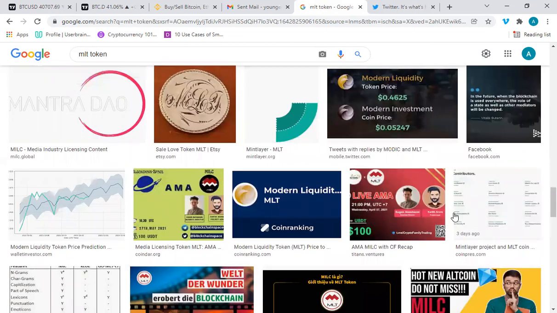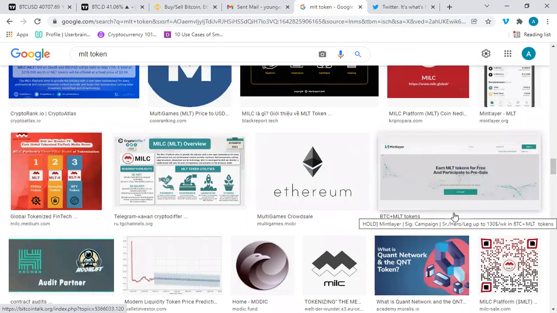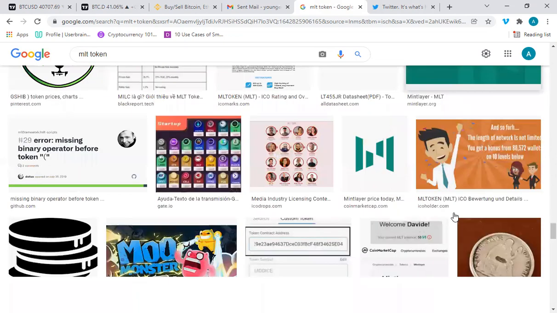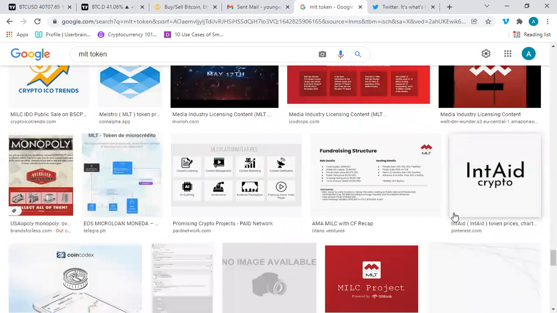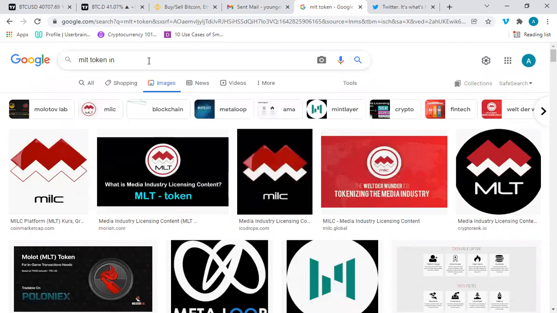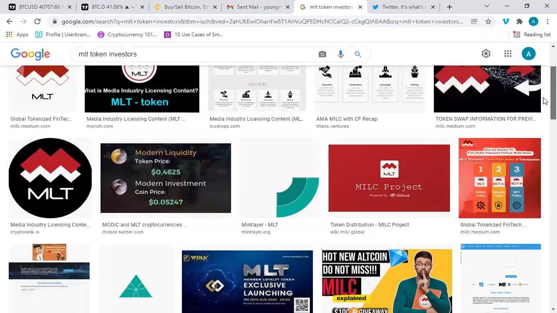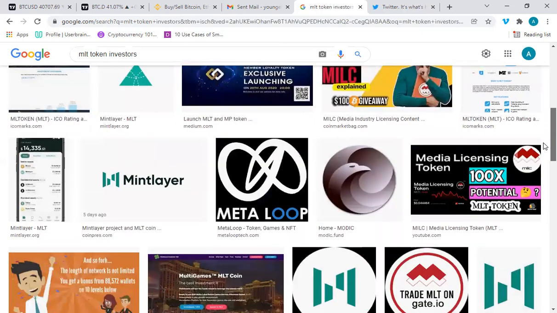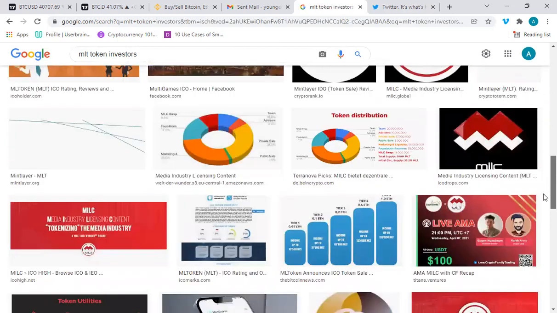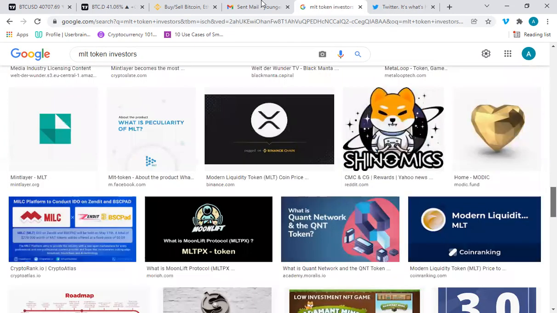I'm trying to look for images that show the investors. I can't find any here, but sometimes I can actually find them in the Zoom class. So let's continue so as not to take too much of our time.